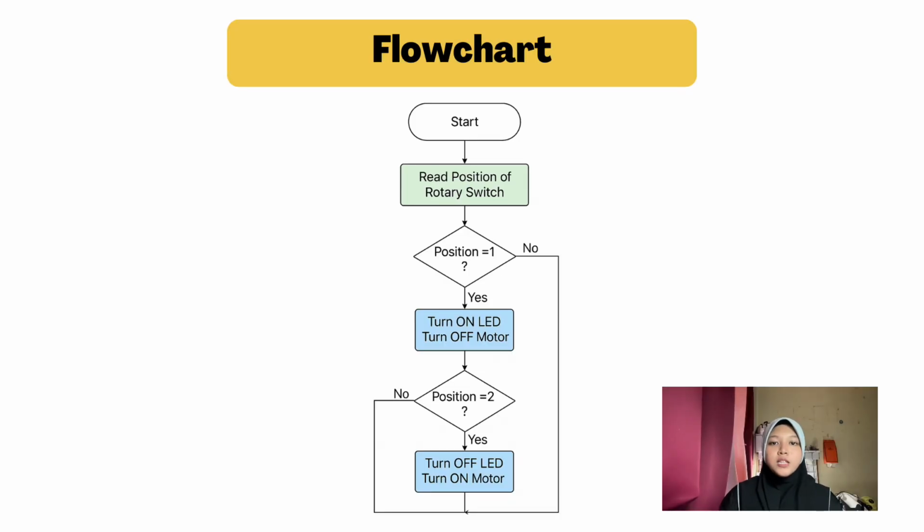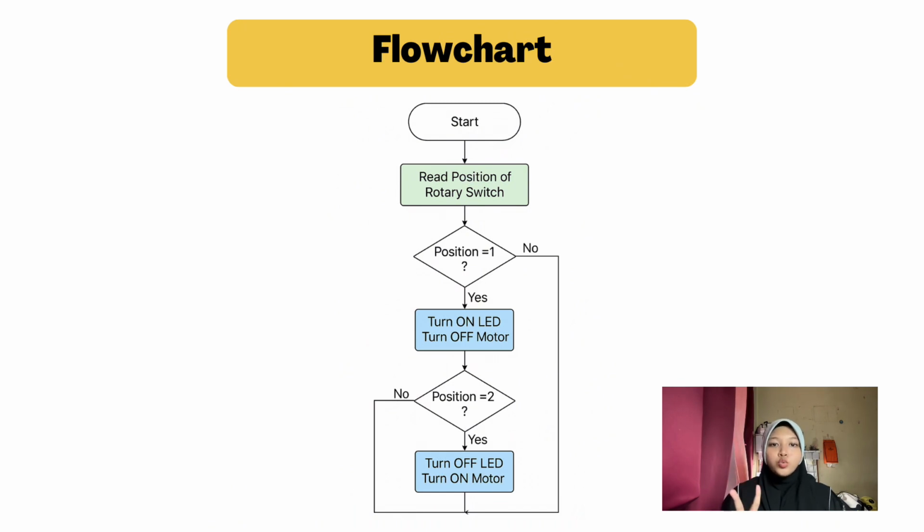Next, I will present about this project. This project illustrates the logic of a control system using a 3-position rotary switch to control an LED and a DC motor. The system continuously monitors the switch position. In position 1, only the LED is activated while the motor remains off.